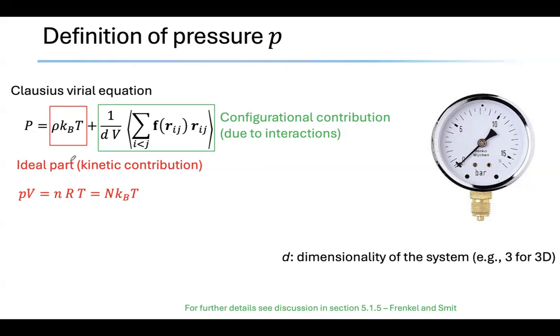Now, you all know that the ideal gas law is given by this particular expression, PV is equal to NkT. So now this first part corresponds to the ideal gas law, and the second part corresponds to the interaction between the molecules that are at a distance r_ij.